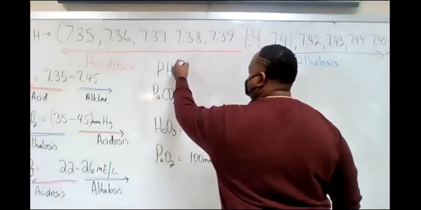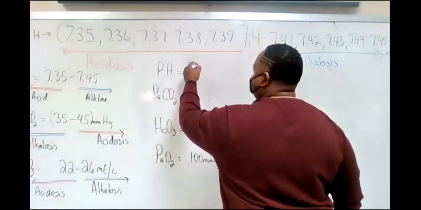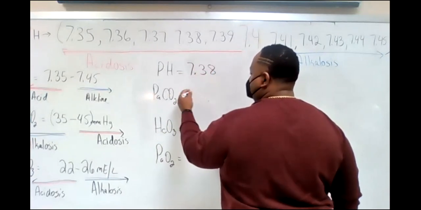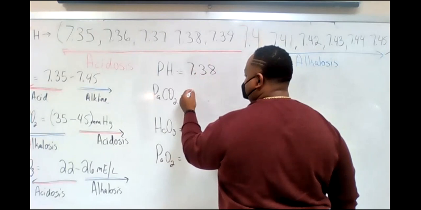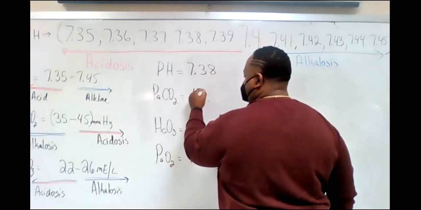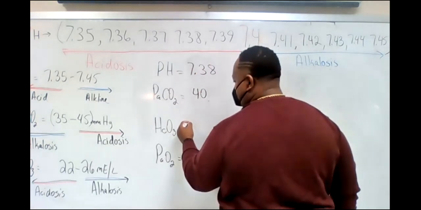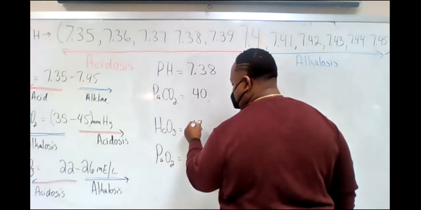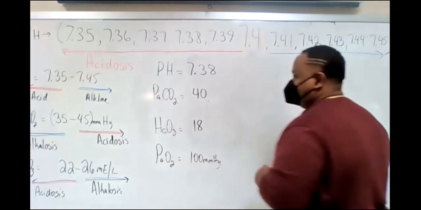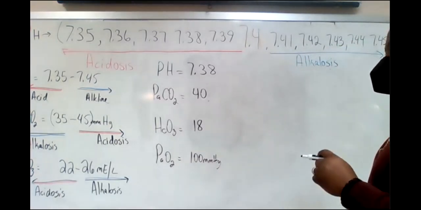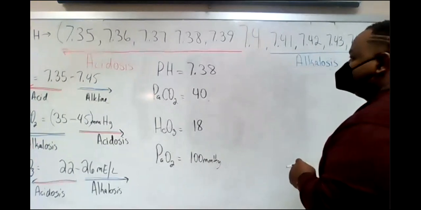Okay, Yasmin, I got a pH of 7.38, a CO2 of 40, and a bicarb of 18. So Yasmin, what is my pH doing? Acidosis.